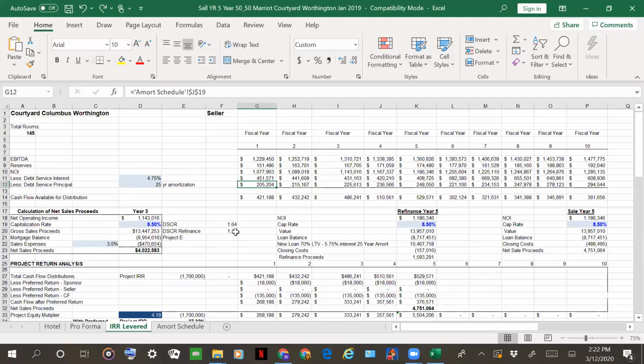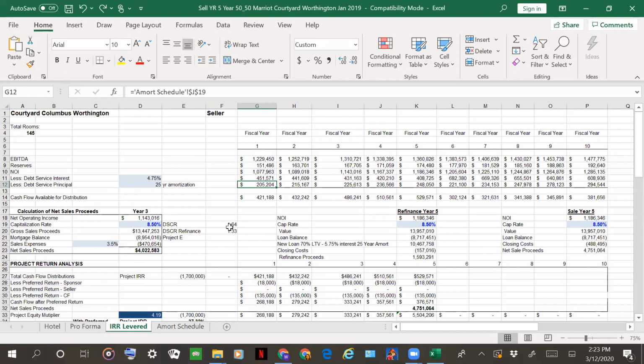And then look, we also include in here the debt coverage ratio, DSCR. So in the standard industry, banks want to have at least a 1.2, 1.3. Anything above that means your project is doing good. So what this means is you're bringing in 64% more income than your debt.